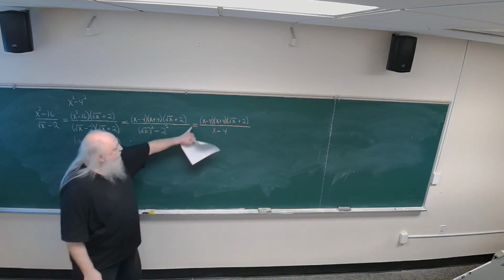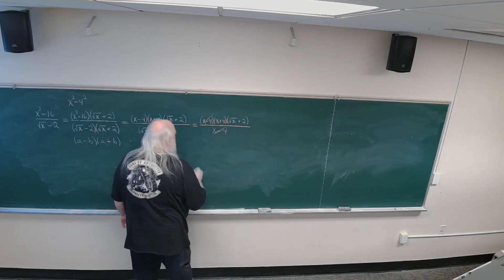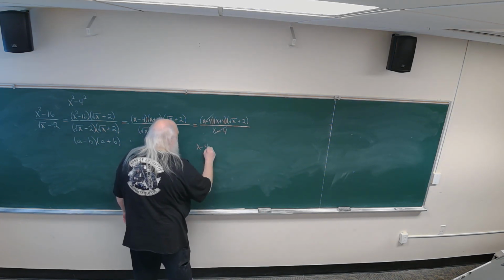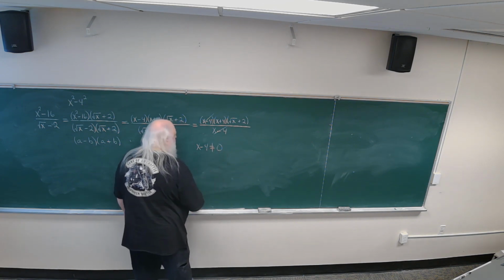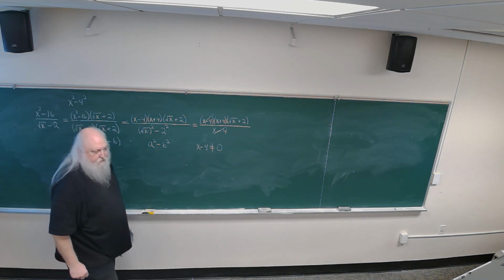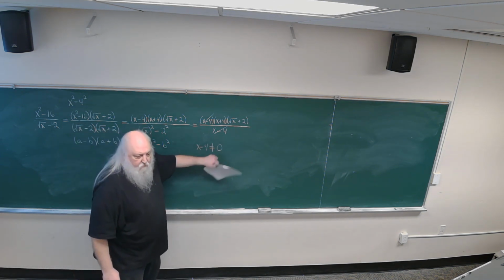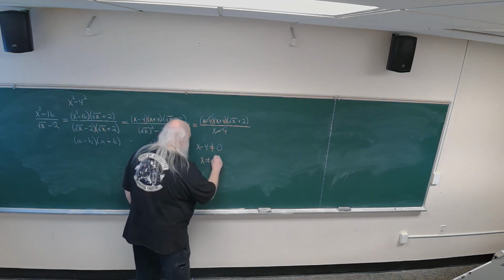And now you can see x minus 4 is a common factor in the numerator and denominator. Those two factors cancel as long as the factor x minus 4 doesn't equal 0, because if it equals 0, you're dividing by 0. So when you solve for x, x cannot equal 4.